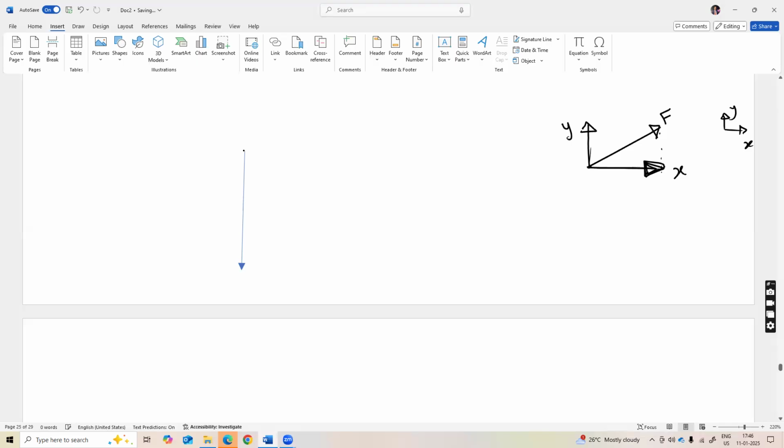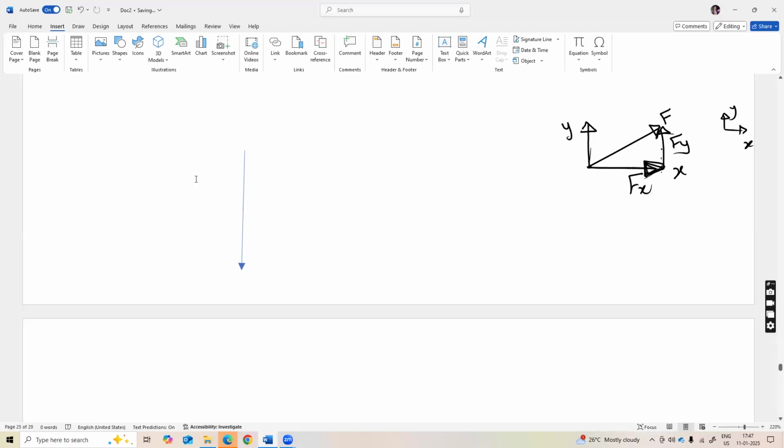So these components can never be bigger than the actual force or actual vector you have. If you are drawing fx as the x component and fy as the y component, then fx and fy will not have bigger magnitude than the actual force. They can have equal magnitude. If it is in the x direction, fx will be equal to f. If it is in the y direction, fy equals f. But they won't have bigger magnitude than the actual force f, because those are the components of the actual force. Is it clear? Yes, sir.